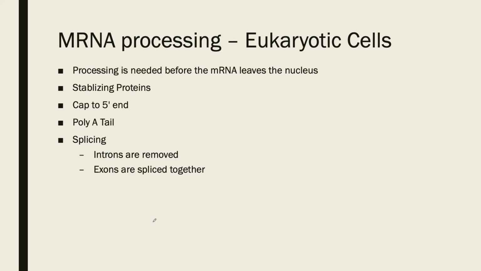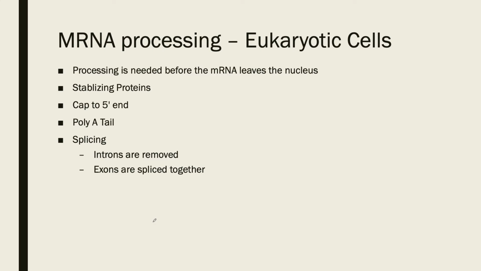Finally, something occurs with eukaryotic mRNA that doesn't occur in the same way with prokaryotes, and that's called splicing. In an mRNA transcript, there are two different types of nucleotide sequences. One is called an intron, and the other is called an exon, or areas, I would say, of the transcript.